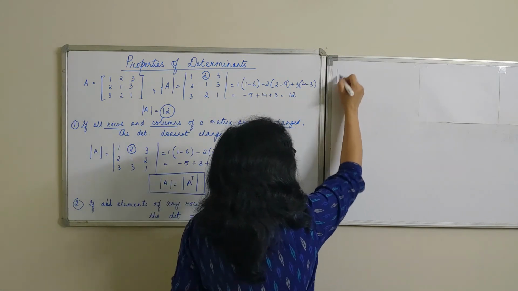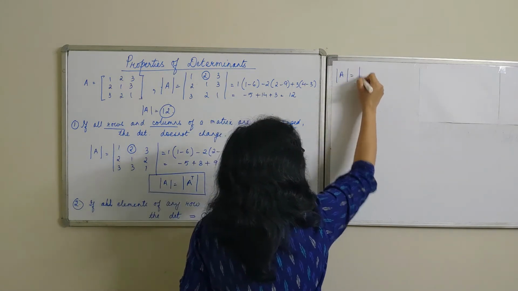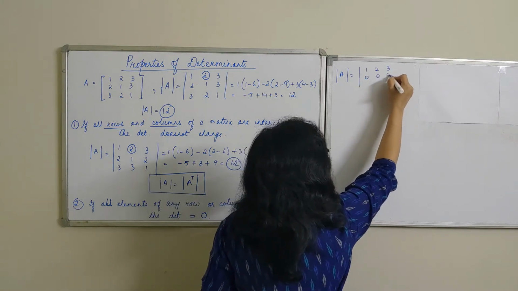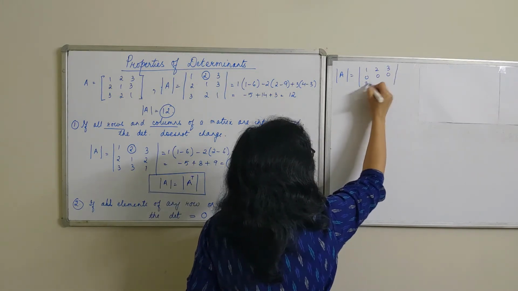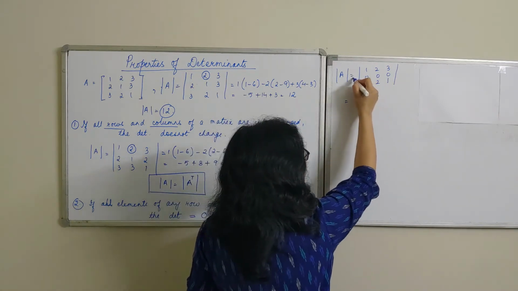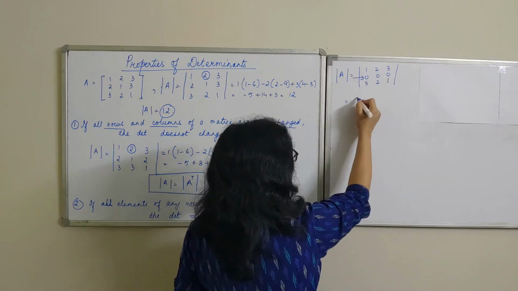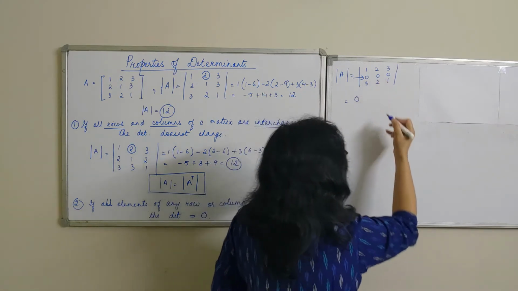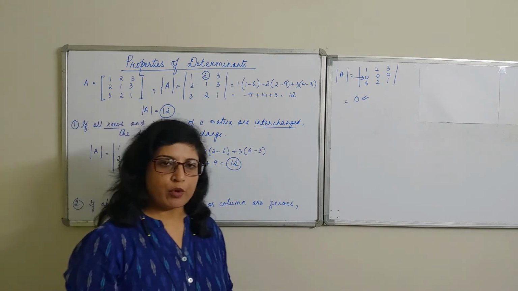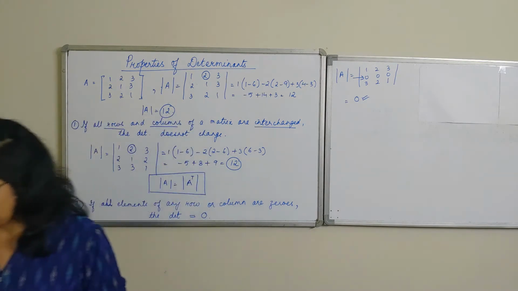So if we have a determinant where suppose the second row is all 0 like this, now you know to evaluate the determinant, suppose you want to expand along the second column, since all elements are 0, the resultant will be a 0. So two important properties we have dealt.